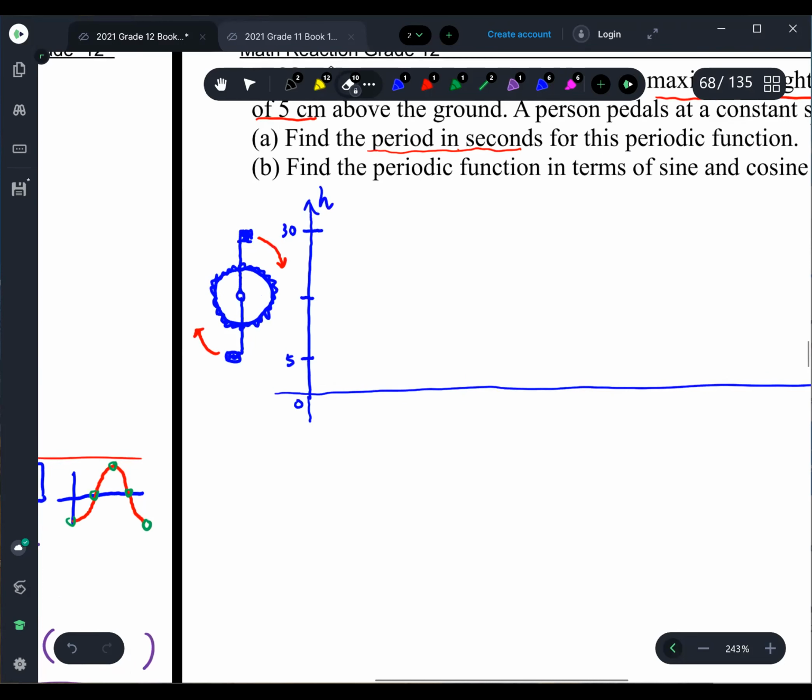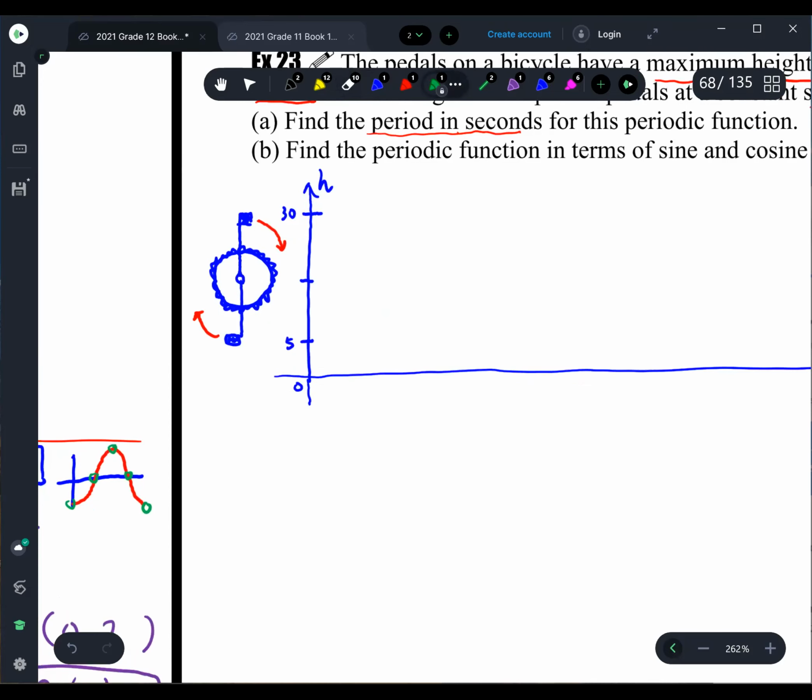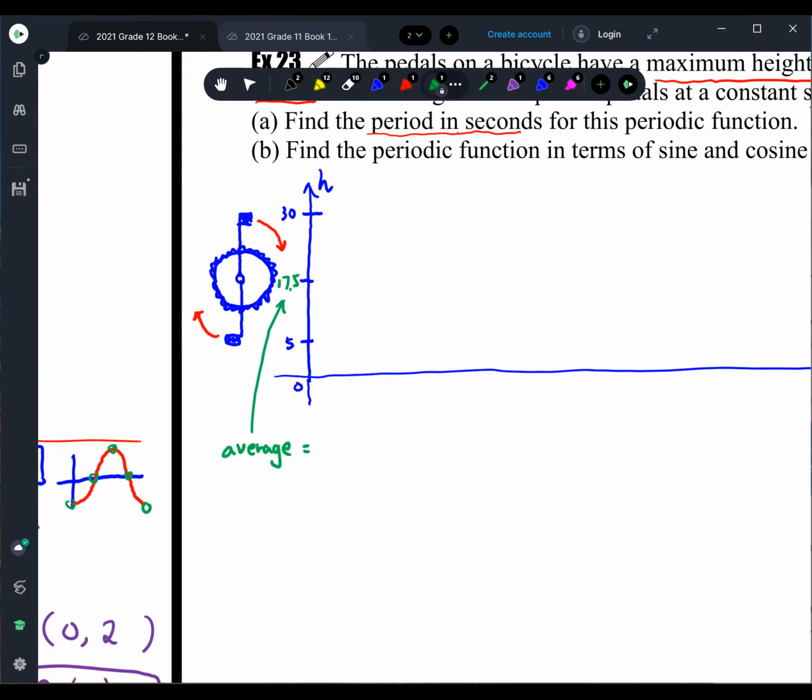So this one, 17.5. You can write it on the side. Average. So you have one test where you got 5 out of 100, and the other test, you got 30, right?